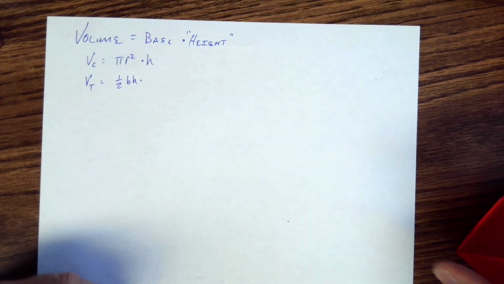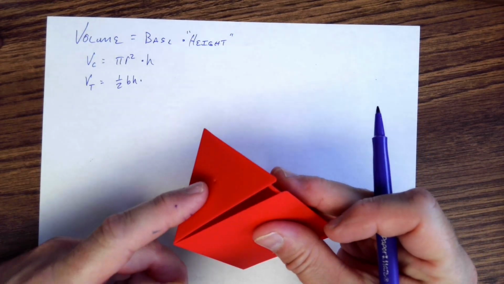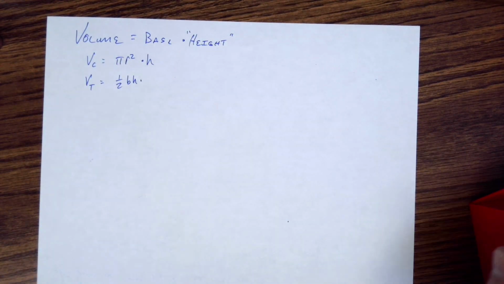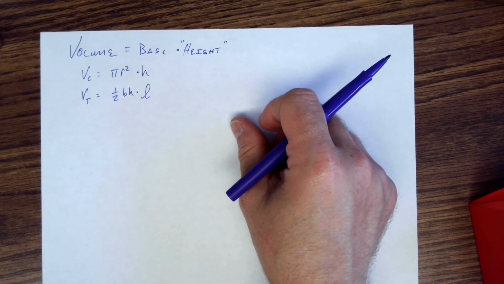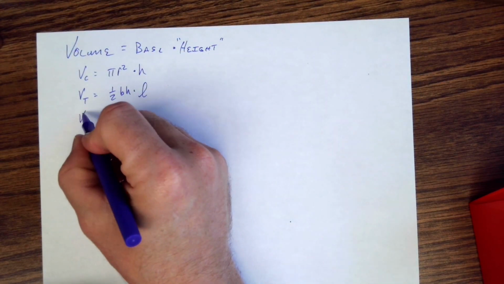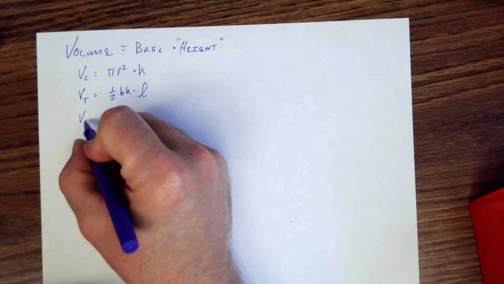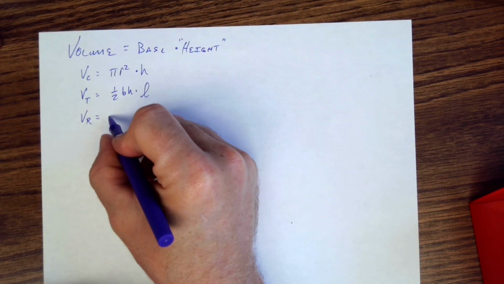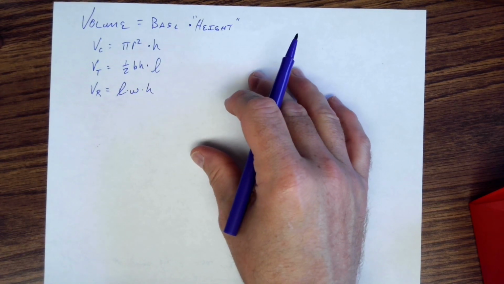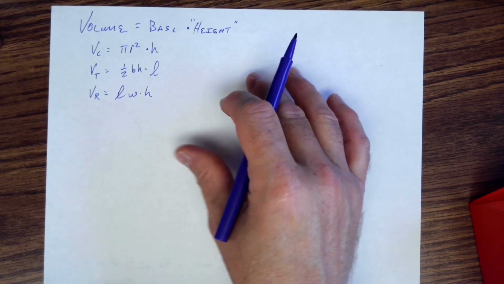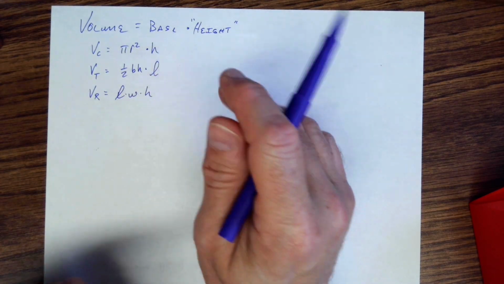Because that's how you found the area of that piece, 1/2 base times height. That's the area of a triangle. And then I guess we have to include the length of it. The volume for a rectangular prism was length times width times height. Oh, all these are different, aren't they? Which is why I go back to the idea of saying base times height.